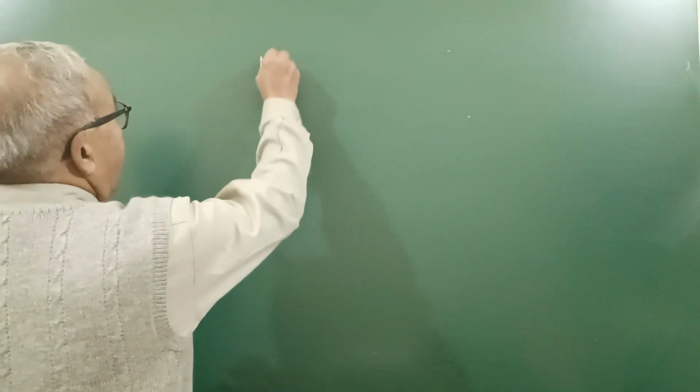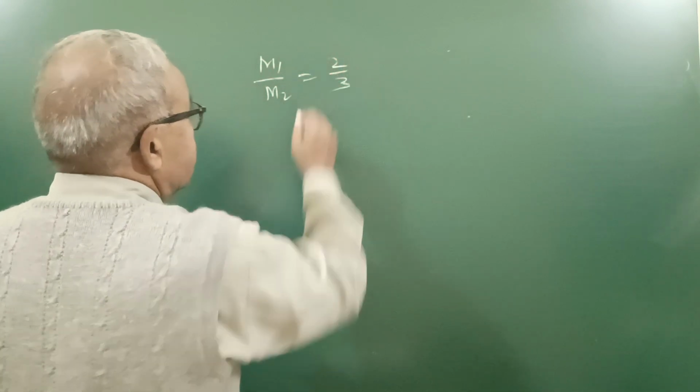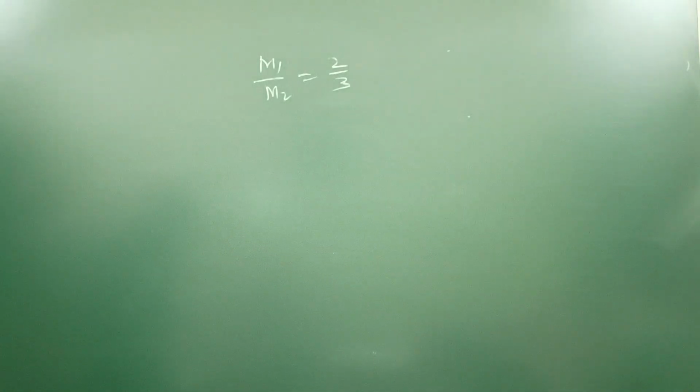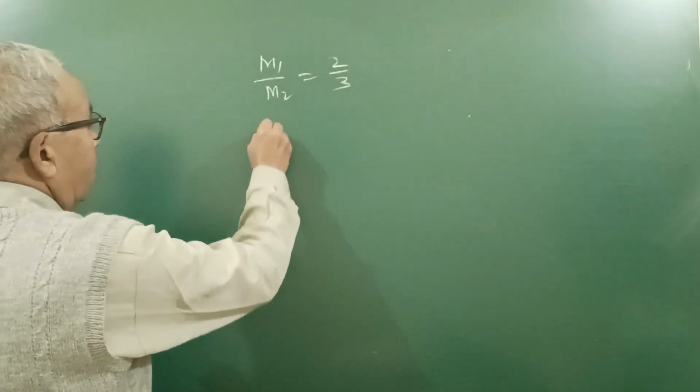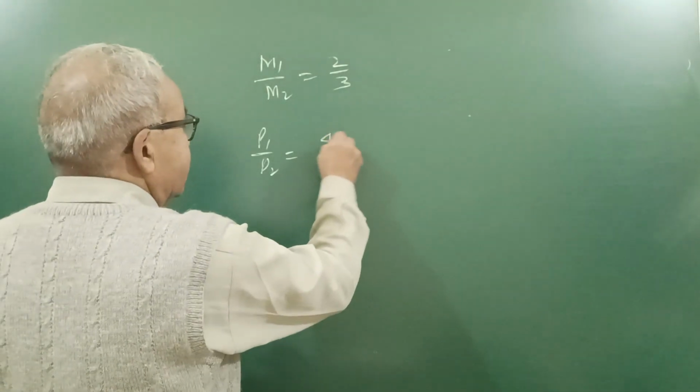That is why you are given atomic masses, M1 upon M2 is 2:3, and the ratio of their partial pressures, P1 upon P2, is 4/3.